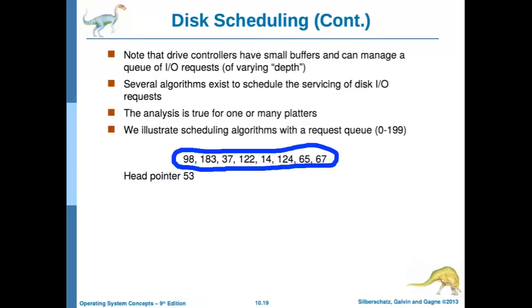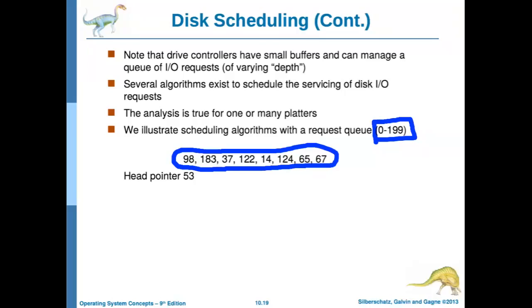There we used page numbers; here we'll use cylinder numbers. Considering that we have cylinder numbers 0 to 199, that means a total of 200 cylinders. Now we need to access the hard disk, first cylinder number 98, then cylinder number 183, then 37, 122, 14, and so on. Last is 67. And currently the disk head pointer is at 53.